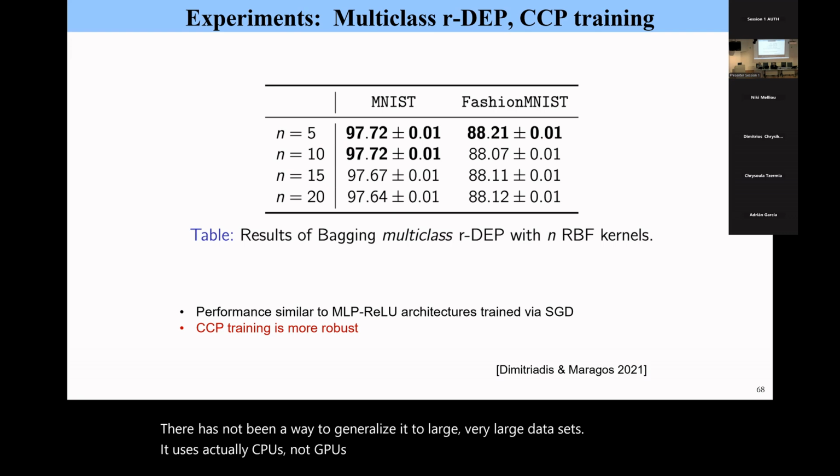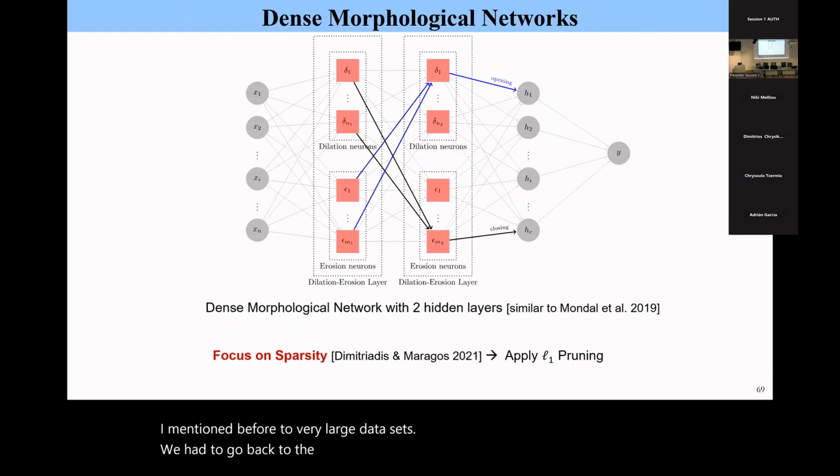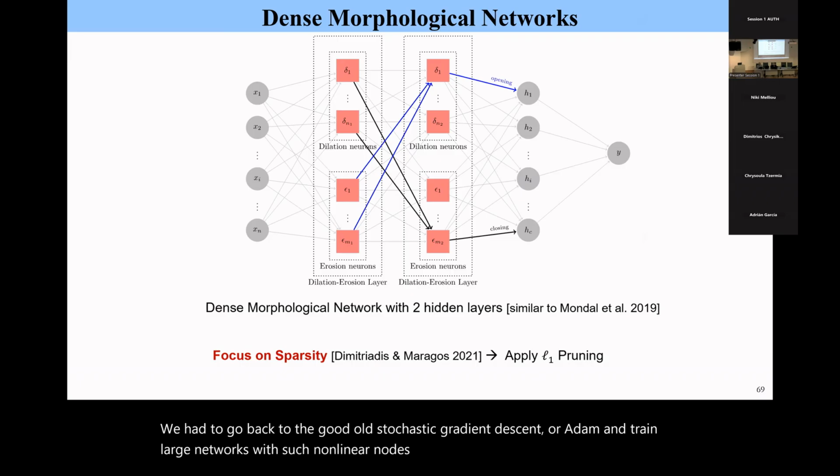So to apply nonlinear networks like the ones I mentioned before to very large data sets, we had to go back to the good old stochastic gradient descent or ADAM and train large networks with such nonlinear nodes using gradient descent ideas. Here you see a dense morphological network, shallow but dense.